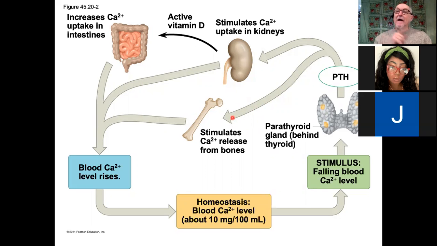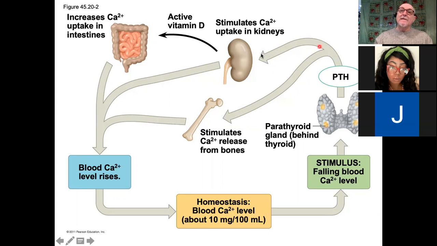How it does that, I want to hear from you in your extra credit. For the moment, just accept that parathyroid hormone causes the release of calcium from bones. You need to think, how does that happen? Well, look what is happening. First of all, we're releasing more calcium into the blood.